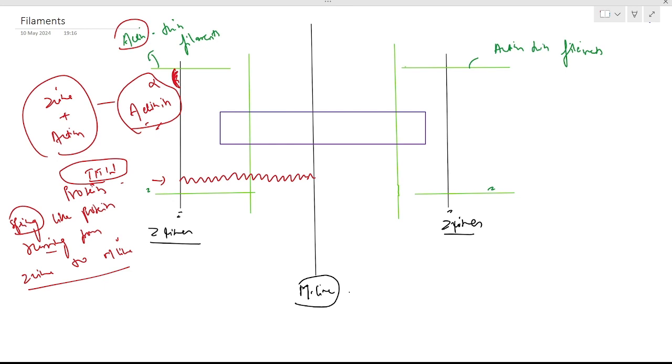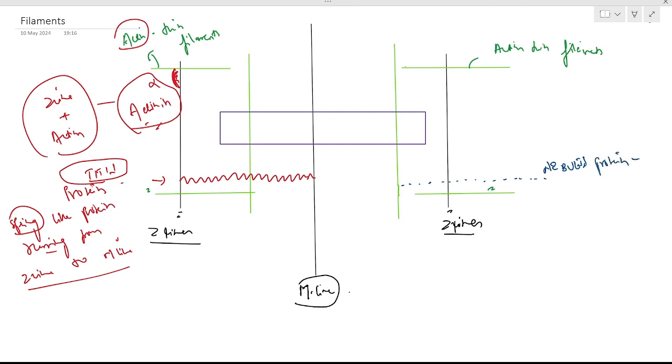Now moving on, we have another protein here throughout, across this. This is our nebulin protein.